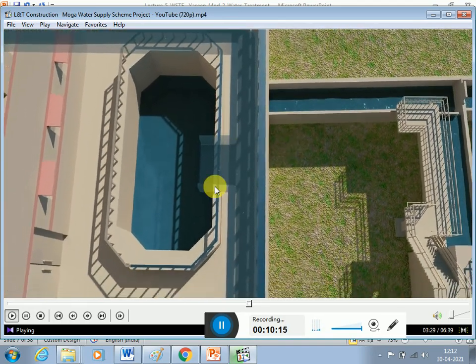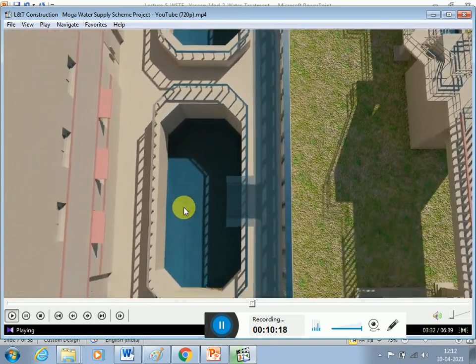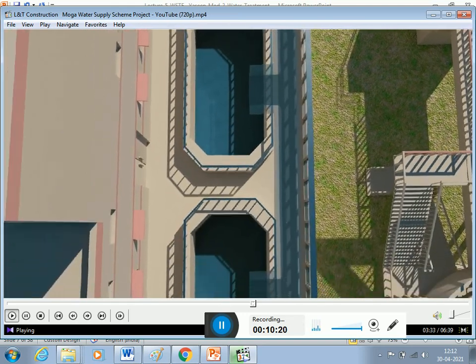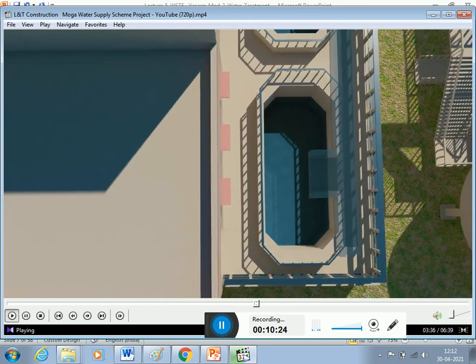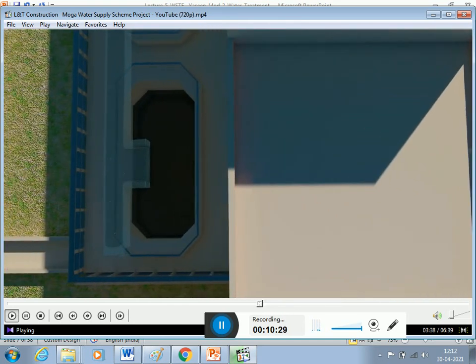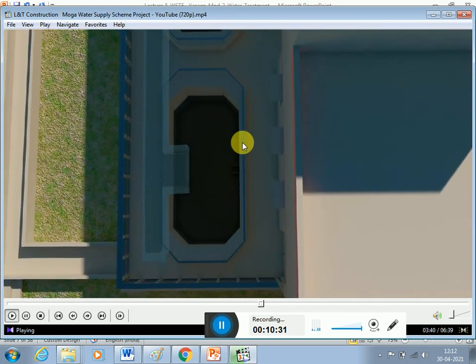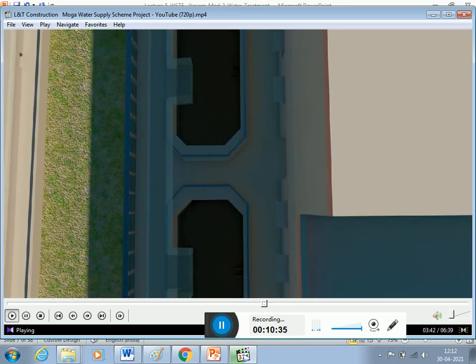Here you can see the various beds are there. It will be arranged in the form of 6 beds or 8 beds depending upon the capacity of the water treatment plant, and the water is taken to the next treatment unit after passing through the several beds of the rapid sand filters.